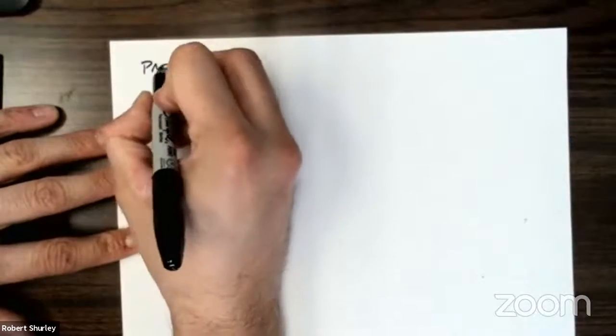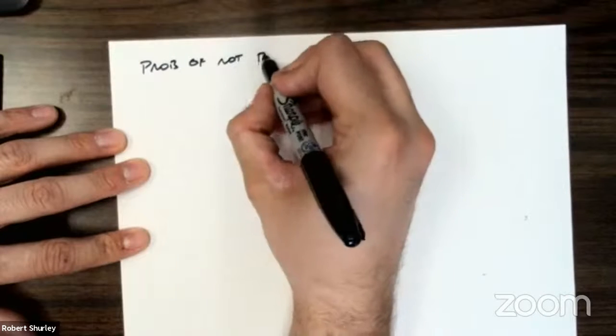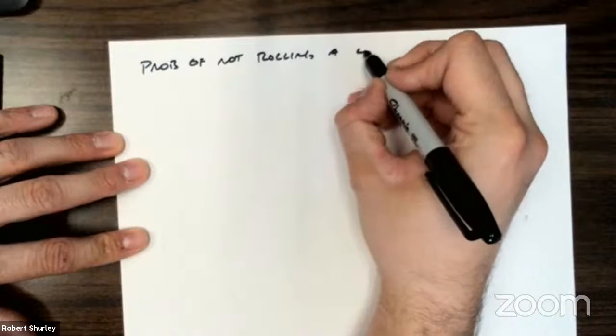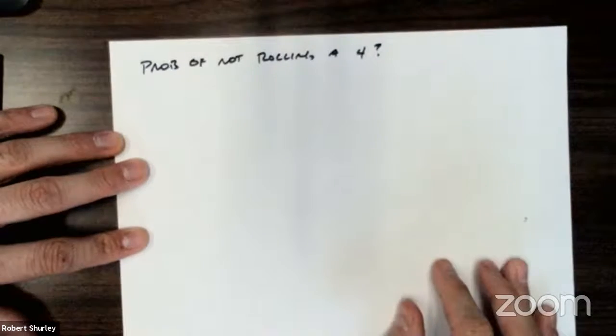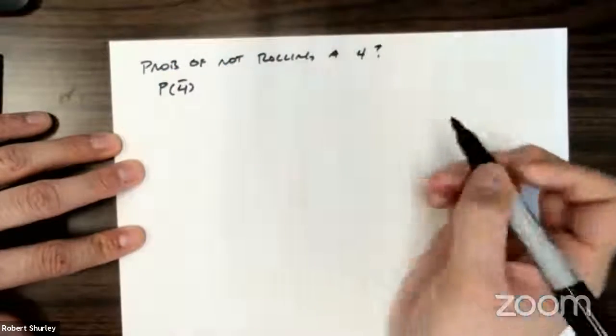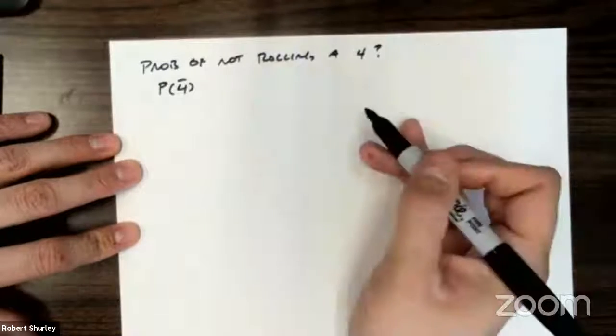Let's say the probability of not rolling a 4. Well, the probability of not rolling a 4, see how I use that notation, for not 4 you just use a line over it.